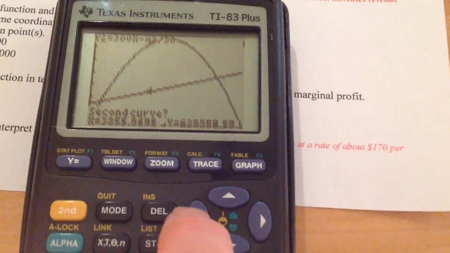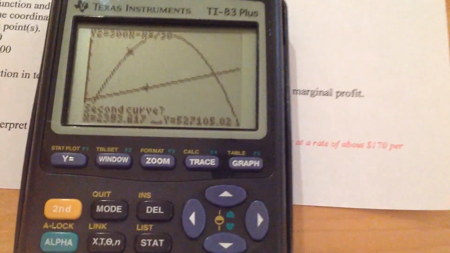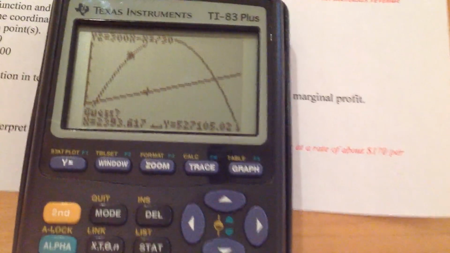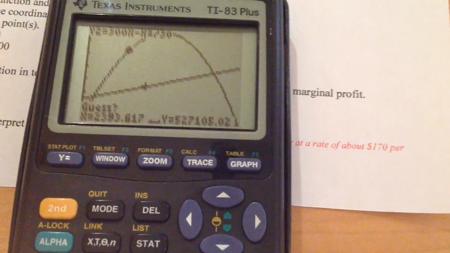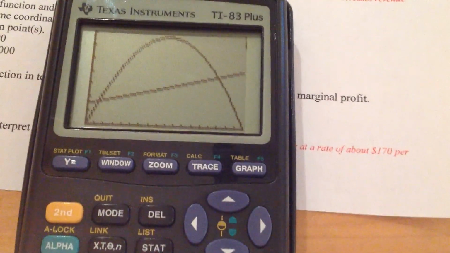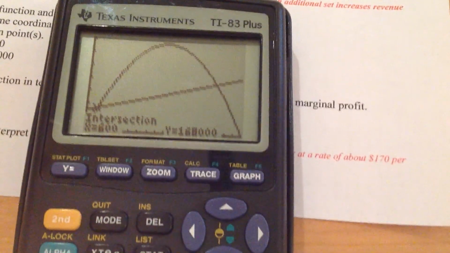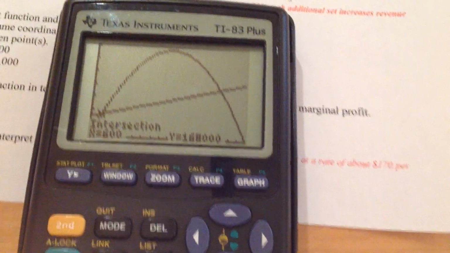And yes, it is. You want to be pretty close to the point you want to find the intersection of, and since we have two of them, I want both of these to be kind of over on this half. So when I hit enter, yes, it asks you to guess. You don't have to guess, just hit enter, and it will give you the point of intersection: x equals 600, y is 168,000. So you might want to jot that down.